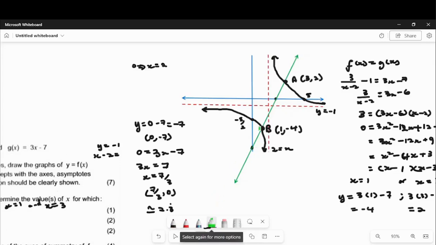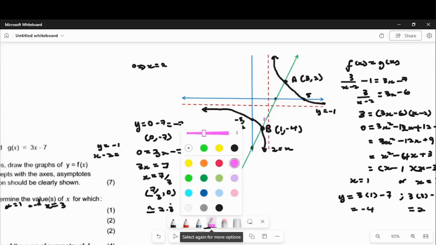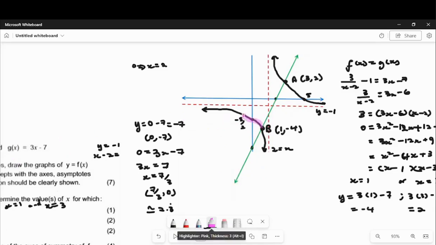Okay, let me use a different pen. Let me use pink. So my f of x is greater than g of x from this point up until negative infinity, and then coming from the right of the asymptote up until this point. So how do I present that mathematically?